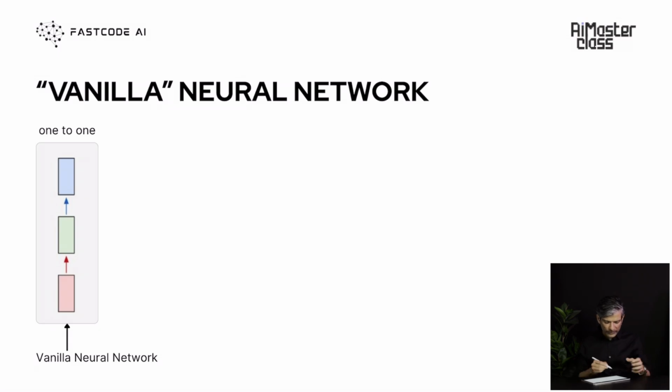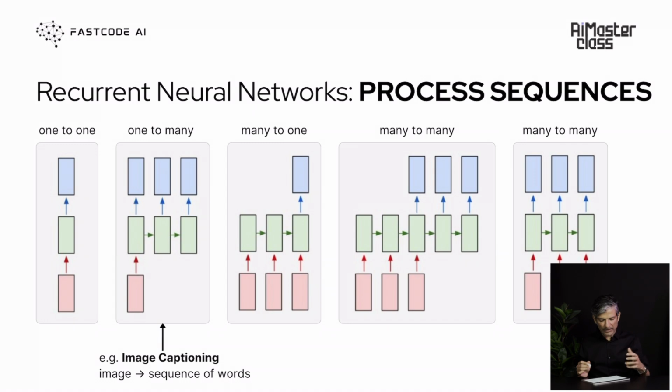So we've seen models like this, the vanilla neural network, where we, let's say, have an image of a dog in, and then we have the label dog as output, right? So this is a one-to-one model. But then there can be many different sequence models.